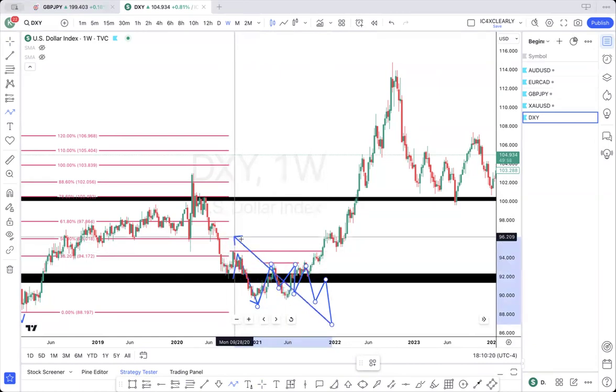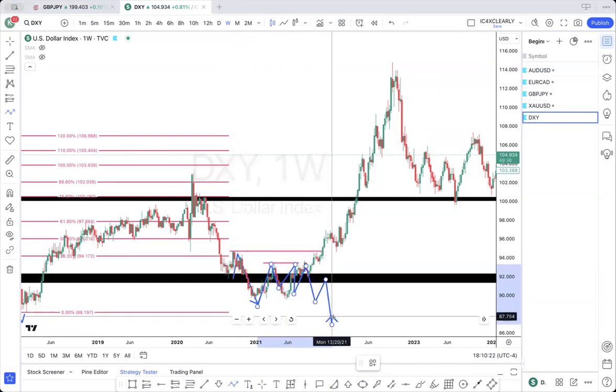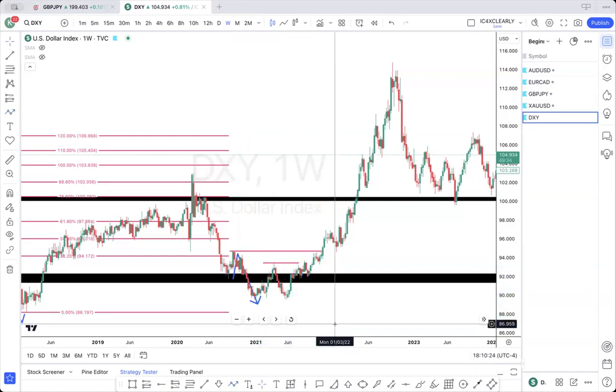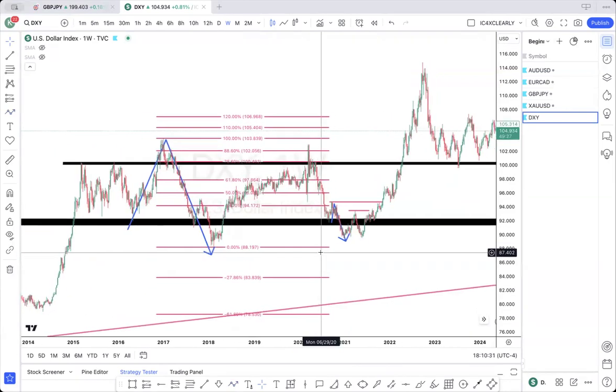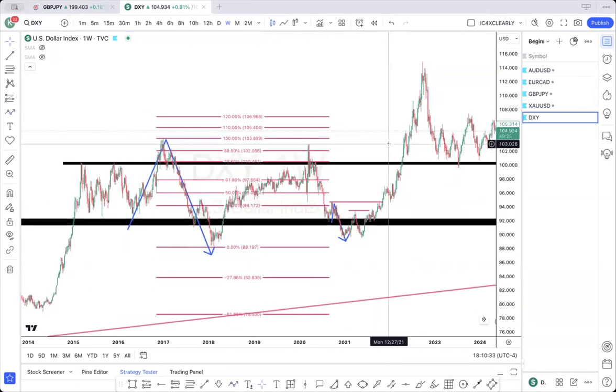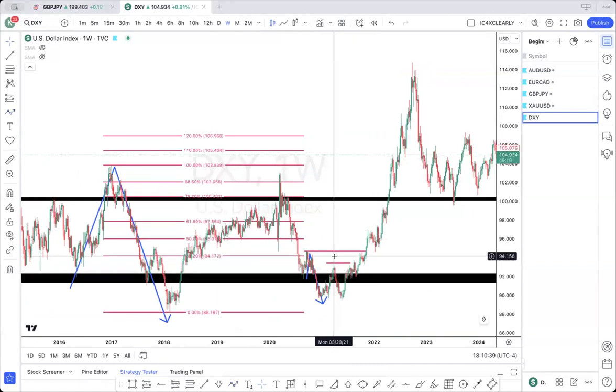So as long as it's not breaking this swing high. Okay. So once price broke the swing high, you can buy it up to at least this zone.